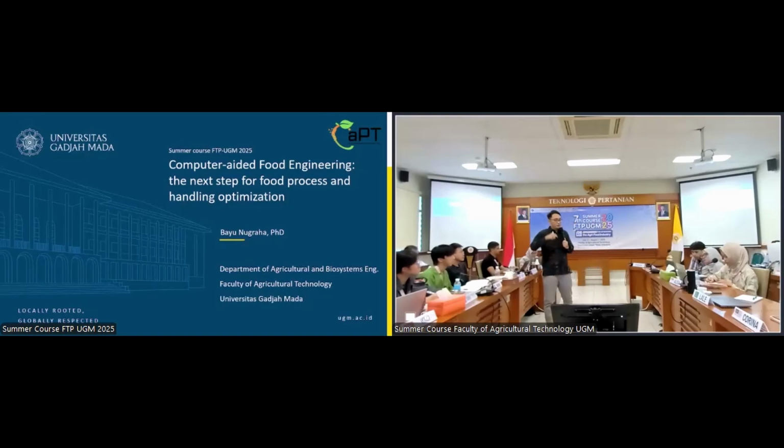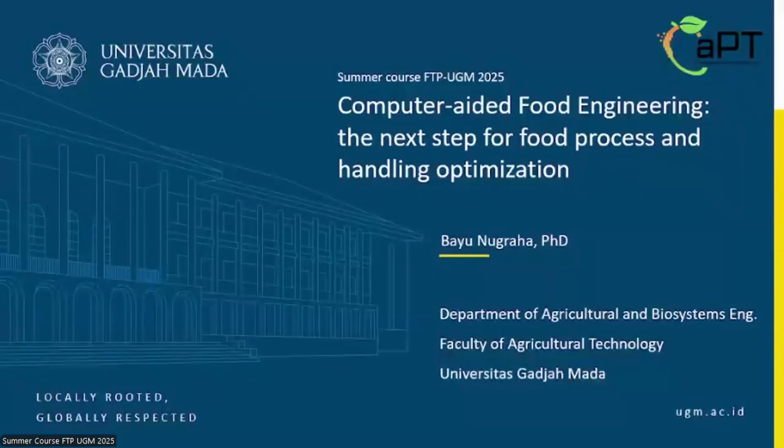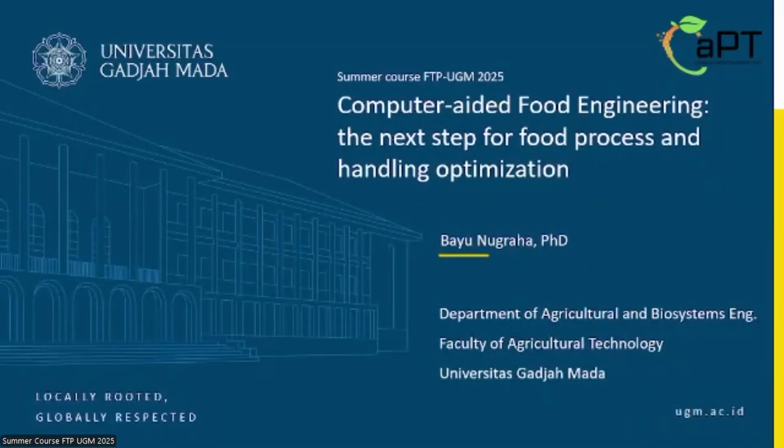In the future, computer-aided food engineering will be an opportunity to be integrated with artificial intelligence. But before you do computer-aided food engineering using AI, you should know the background of it, which we can call CAFE.